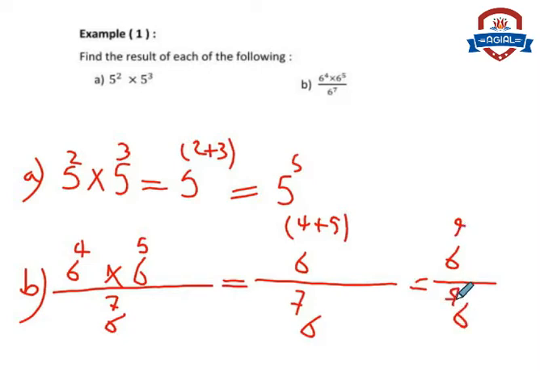And now we have 6 to the power of 9 over 6 to the power of 7 equals 6 to the power of 9 minus 7, which equals 6 to the power of 2, equals 36.